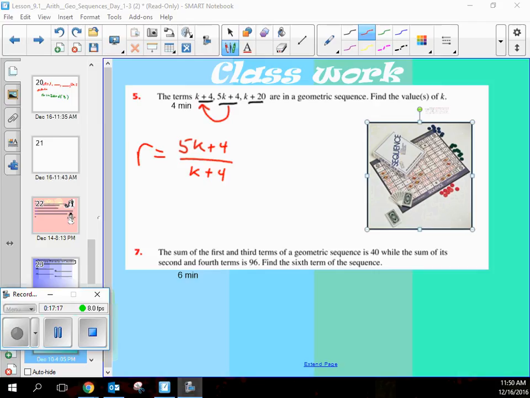So what does r also equal? Come on, what else could r be? k plus 20 divided by that one, 5k plus 4.